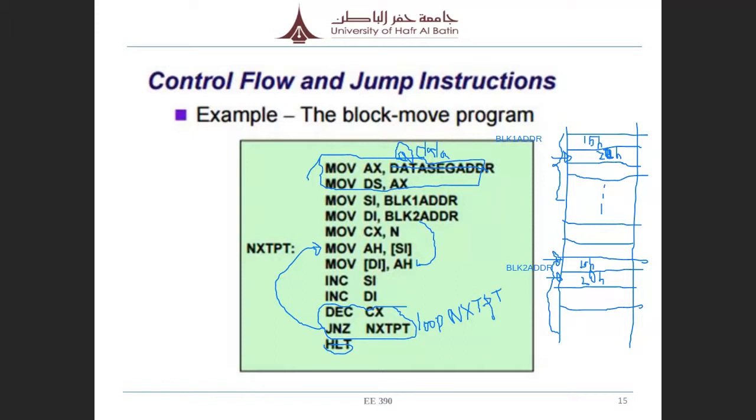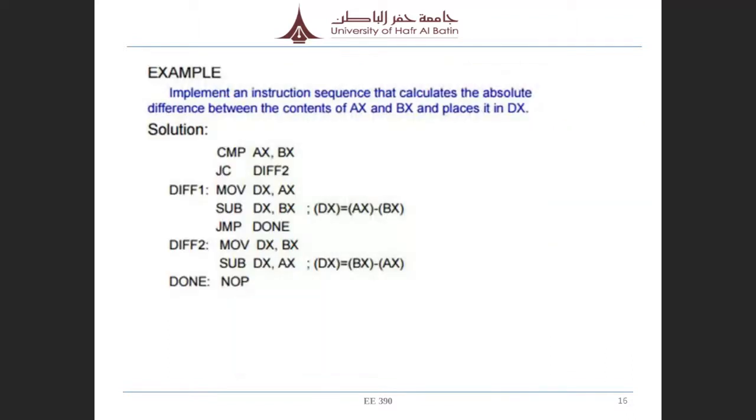Repeat until means do the things until the counter value is 0. So it's a loop instruction, but we can say the structure is repeat until. We can also write it in while loop format. Repeat until is one format, and we can also do the while loop format.